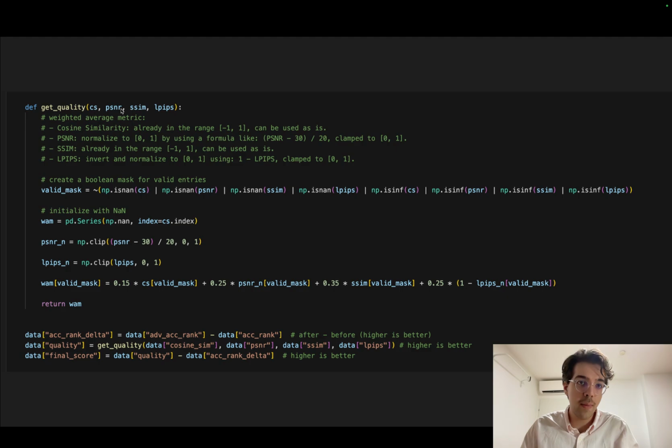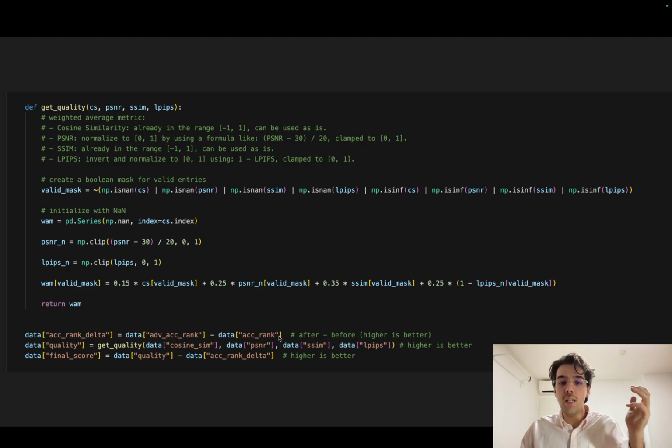And then we defined our own semantic quality metric, which is based on cosine similarity, PSNR, structural similarity, and LPIPS, as mentioned previously. We weighted the sum, and then we measured the delta of the accuracy rank of the model on the original versus the perturbed image.